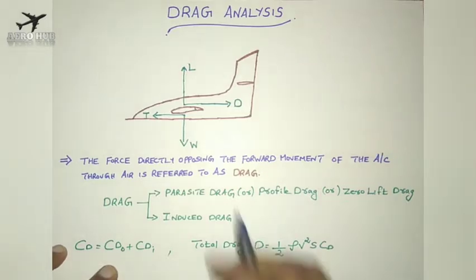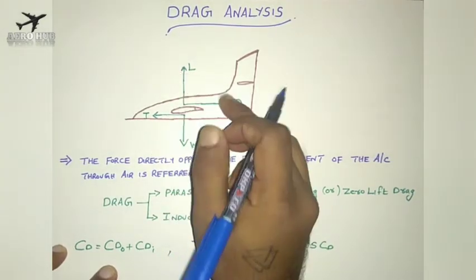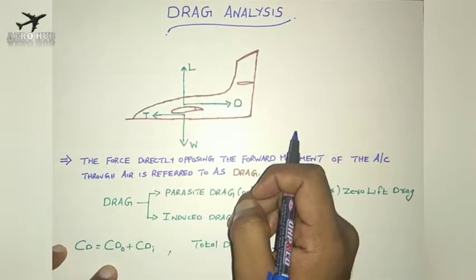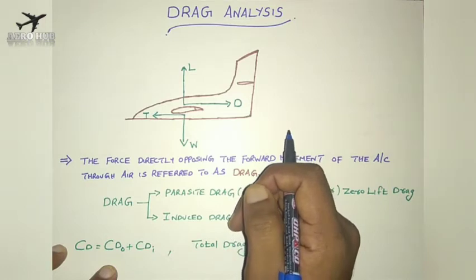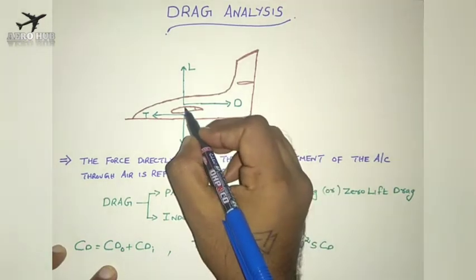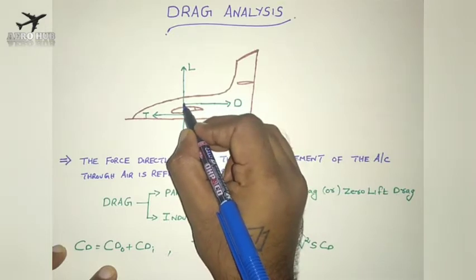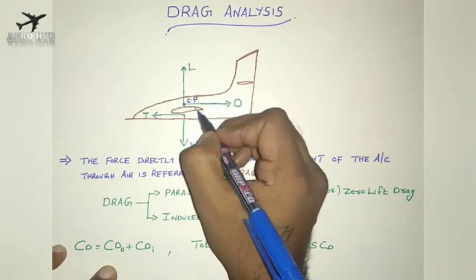And you can see the figure here, and I have drawn lift, drag, thrust and weight. These are the forces acting on an aircraft in level flight or in any flight. And you can see that lift and drag, these are two aerodynamic forces, and these two forces will be acting at a point called center of pressure.